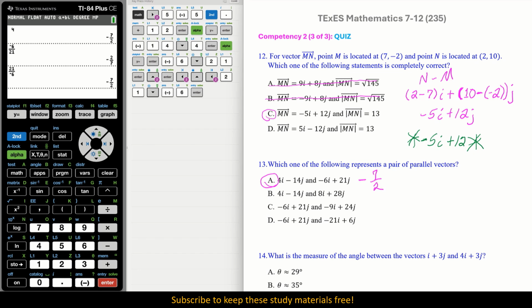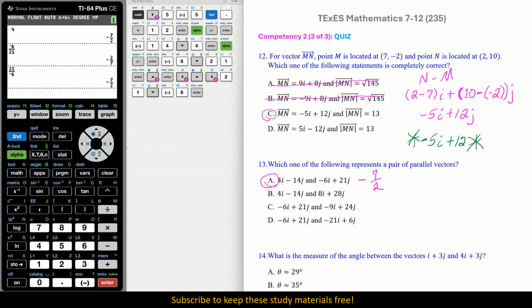Okay. Now let's keep that in mind because even though we think this is correct, we need to check the others. So for B, we know that the first vector has a slope of -7/2. So now we need to check the second one. But before we do that, I need you to notice something. There is no negative value in that second vector.